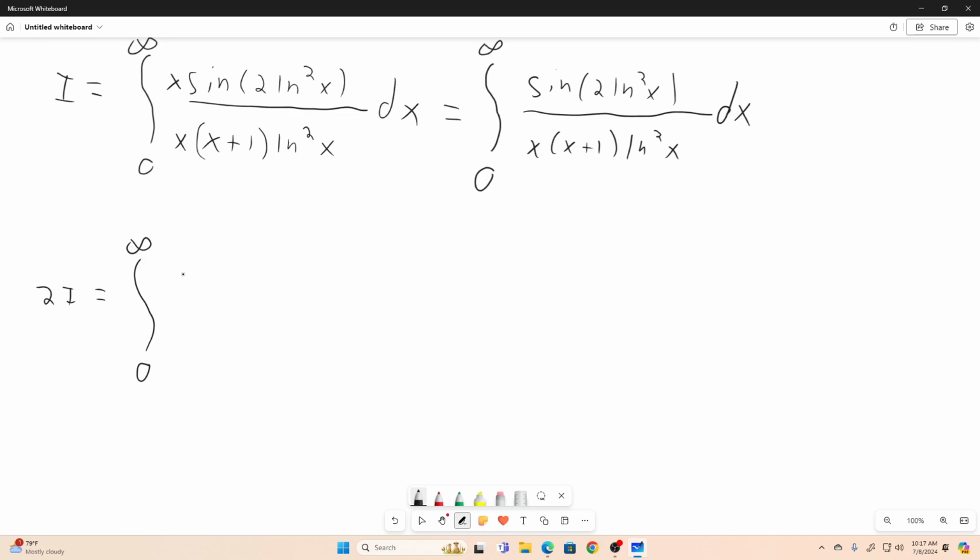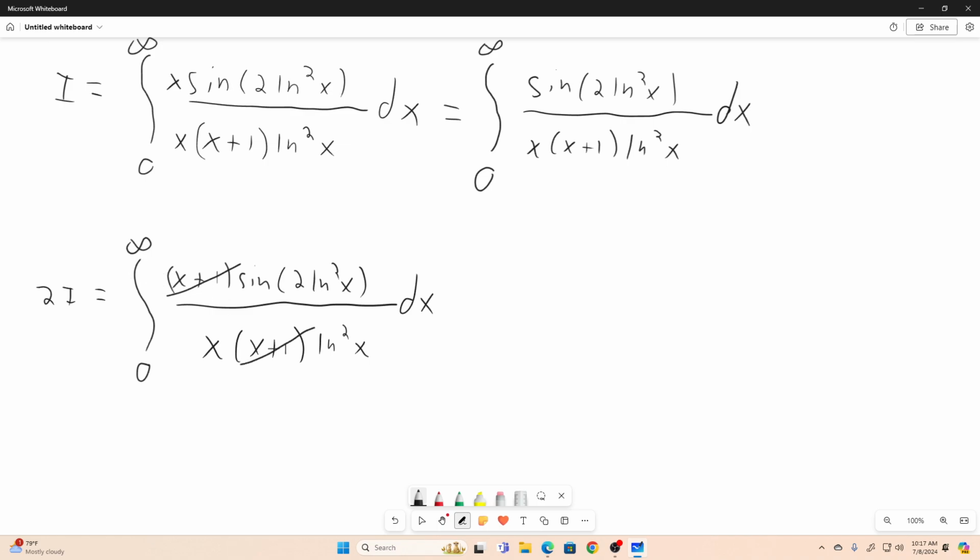So that's going to give us a total factor of x plus 1 times sine of 2 natural log squared x over x times x plus 1 natural log squared x dx. And you can see that x plus 1 cancels nicely.